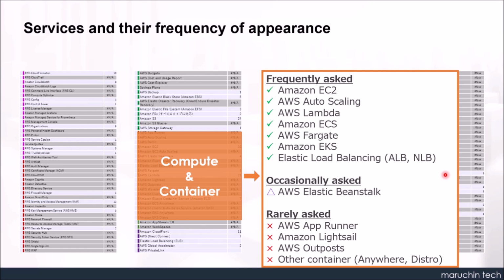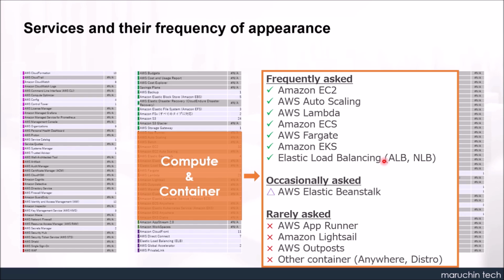In the compute and container category, EC2, Auto Scaling, Lambda, ECS, Fargate, EKS, and load balancers are frequently asked about. When the question includes a requirement to minimize operational overhead, you should choose serverless services instead of EC2. If you launch an EC2 instance, you will need to manage the server, which increases the operational overhead.